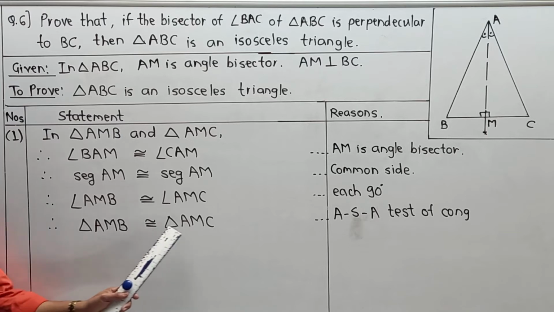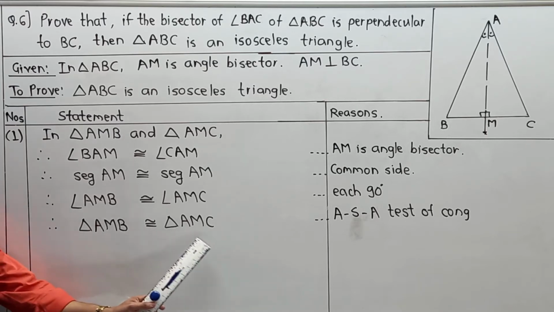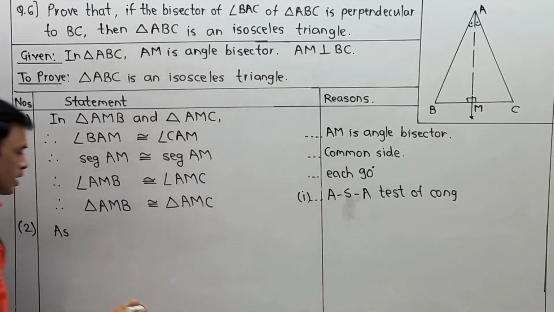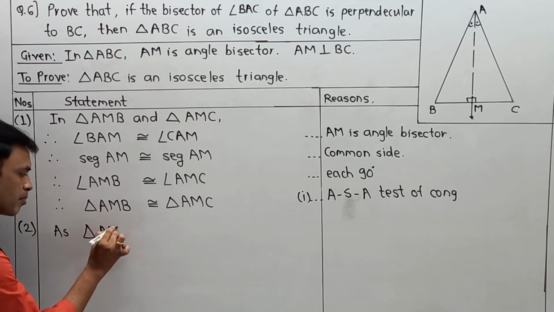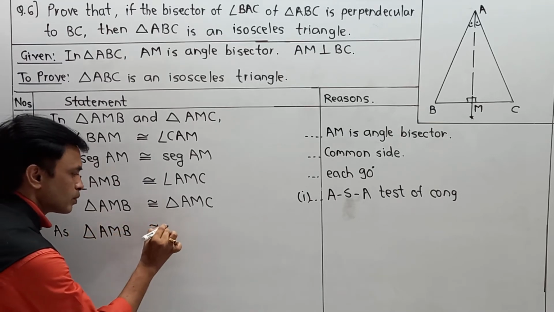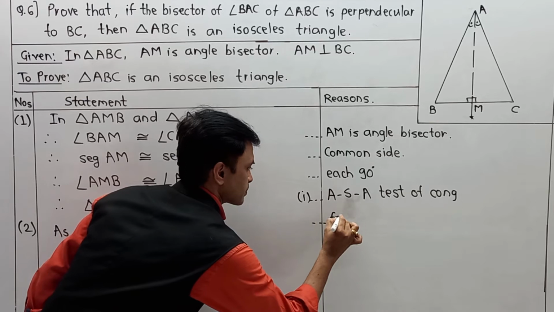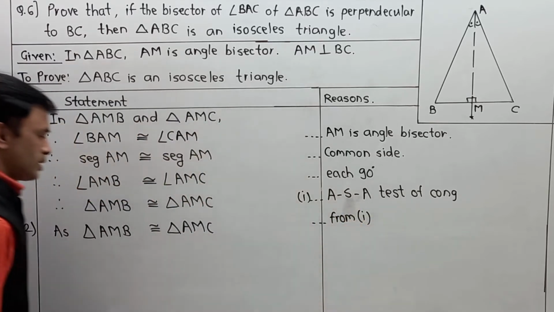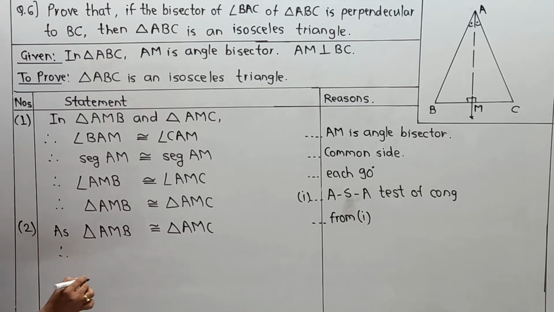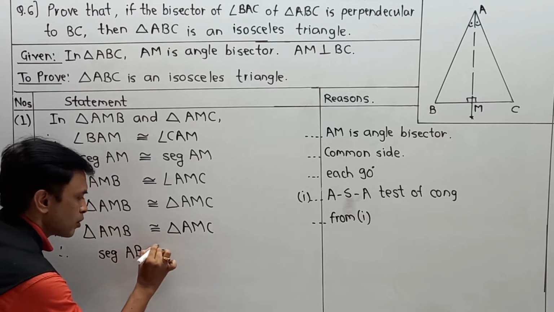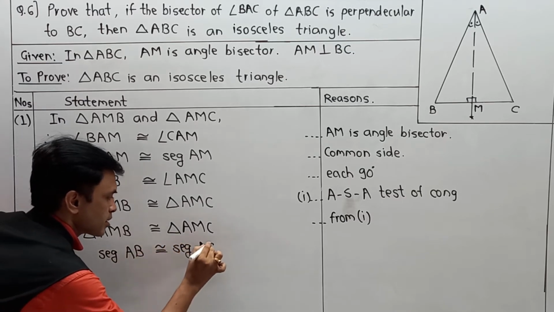When two triangles are congruent, their respective sides and respective angles must be congruent. So writing that part in number 2, I am going to call the previous result equation number 1. As triangle AMB is congruent to triangle AMC from 1, therefore segment AB is congruent to segment AC.